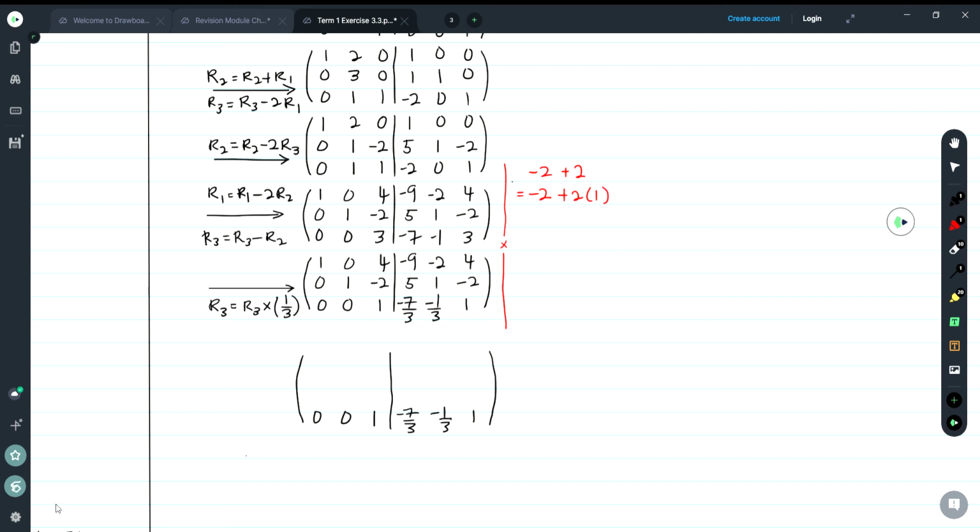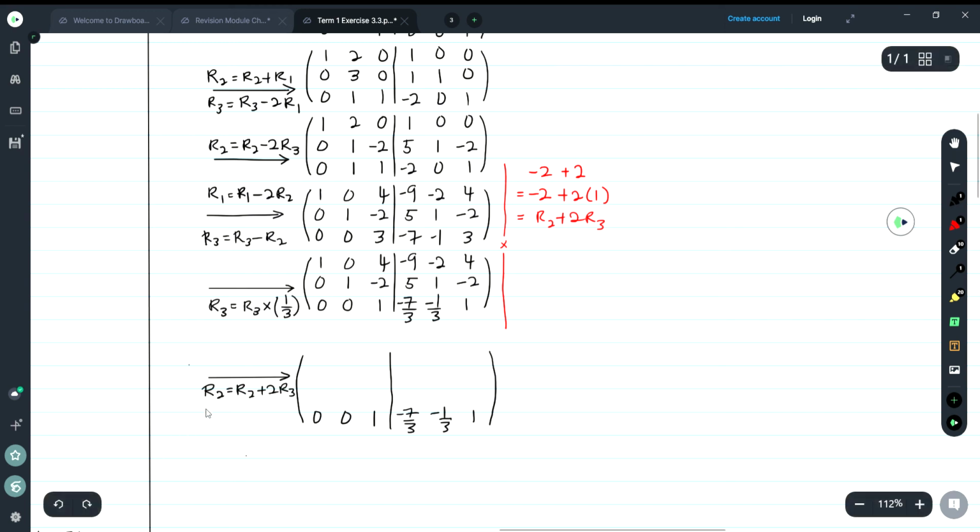So we'll be using this value of 1 from the R3. So the formula will be R2 plus 2 times R3. R3 is 1. The new R2 will be equal to R2 plus 2R3, based on this one.